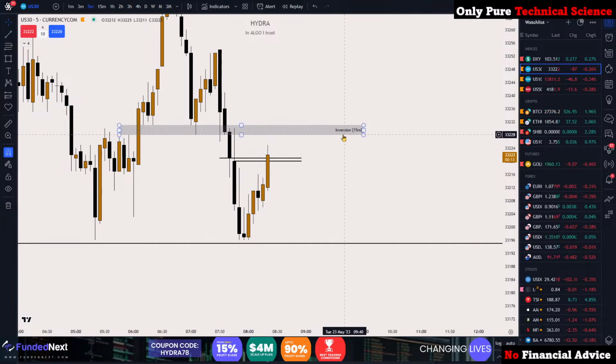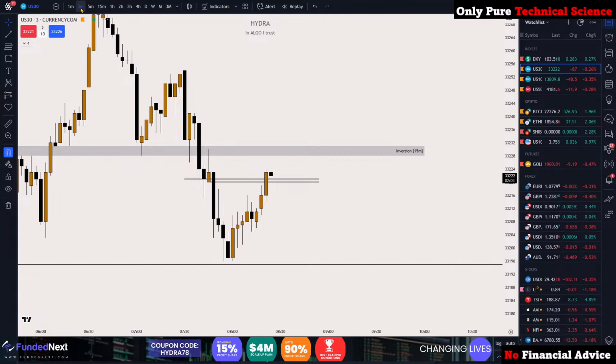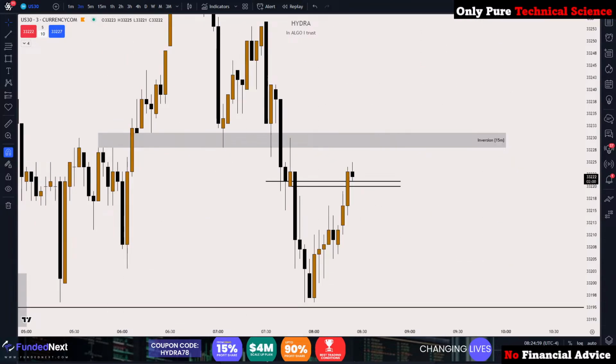And if price is coming up and hitting this inversion, price will also be hitting our mitigation block. That is here. This low right here is our mitigation block. So I'm now gonna drop down to the 3-minute and 1-minute chart.